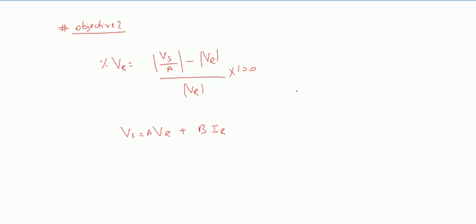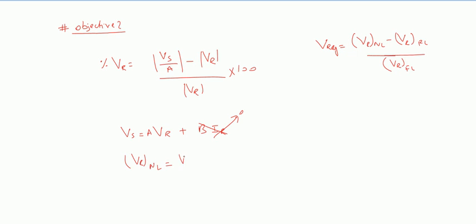Now for voltage regulation, what we do is, VR at no load minus VR at full load divided by VR at full load. That is how we find the voltage regulation, right? So for no load, this IR becomes 0, so this part will not be there. So the VR at no load becomes what? Vs by A, right? So that's why this term Vs by A is there.